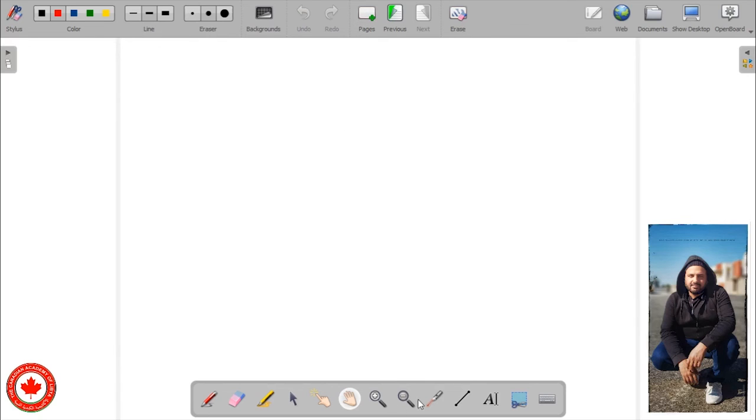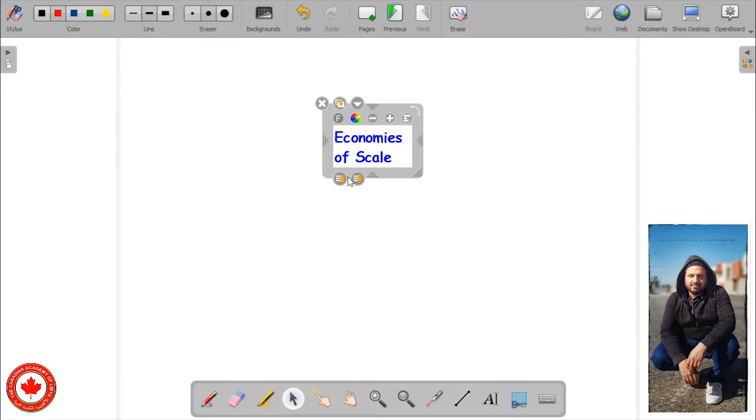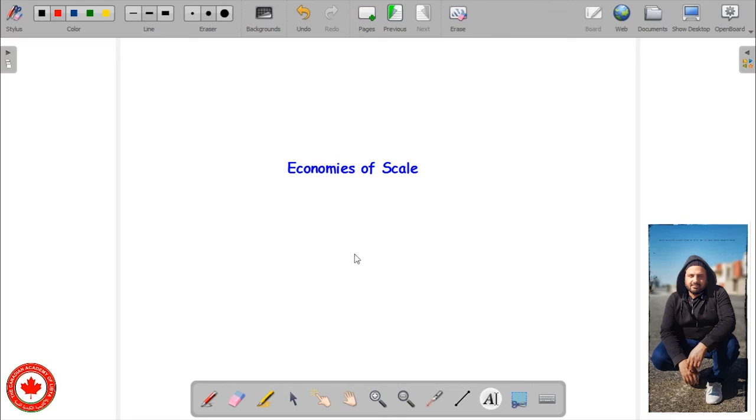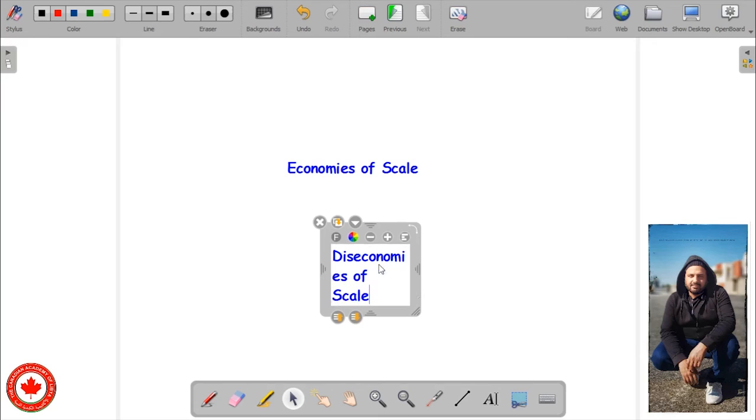As I said, there are economies of scale factors, and there are diseconomies of scale factors as well.